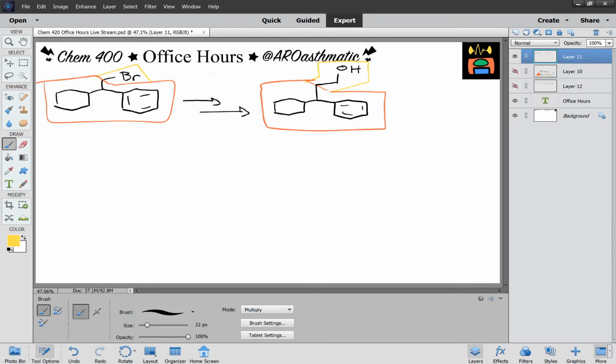I have a proposed sequence of steps, so let's look at the sequence of steps and why it may or may not work.